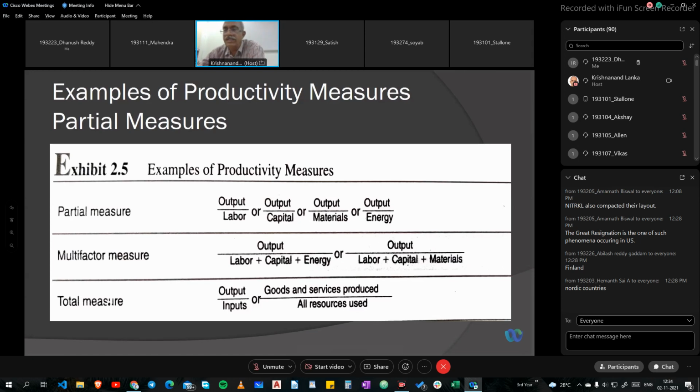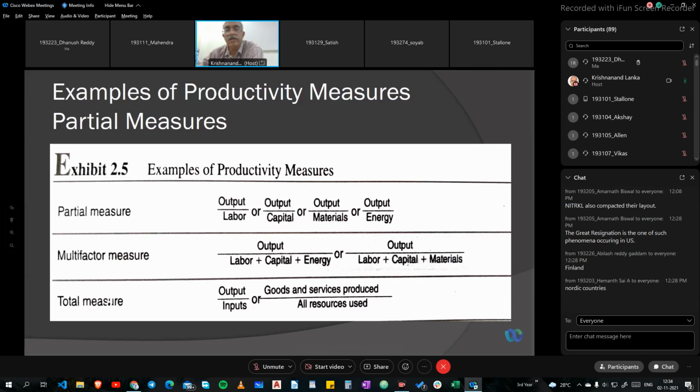Efficiency has no units, because numerator and denominator should be of the same units, so you end up with no units. But in productivity, numerator and denominator can be in different units, in different formats.